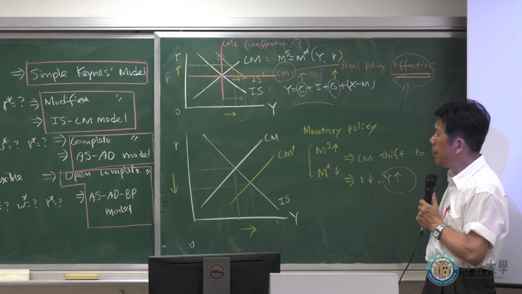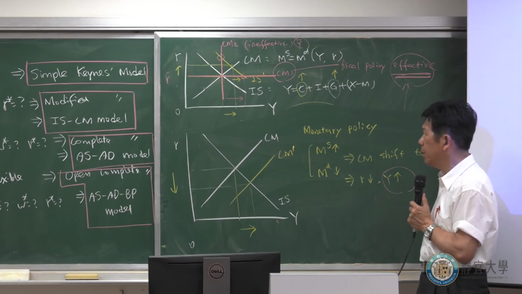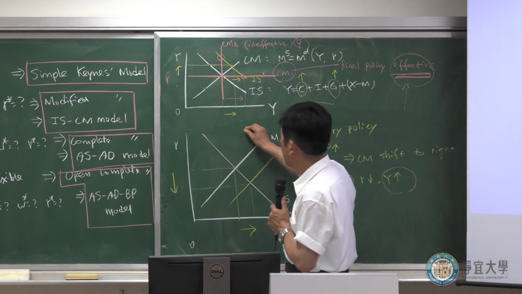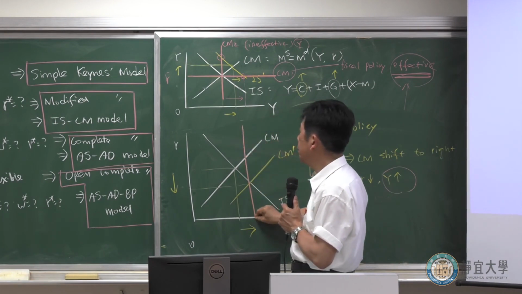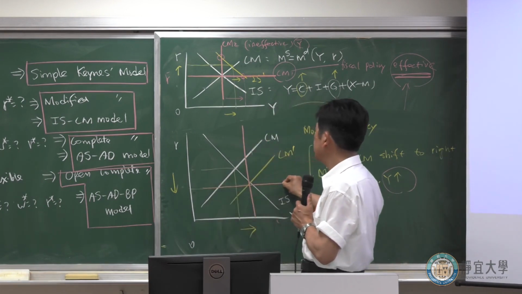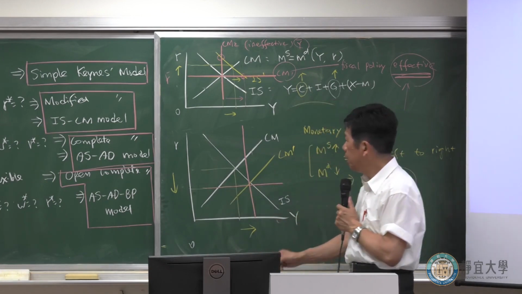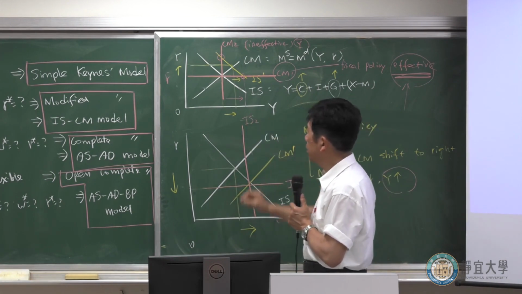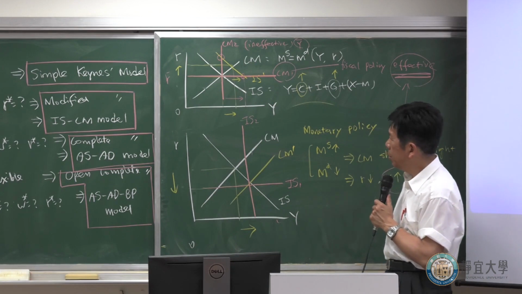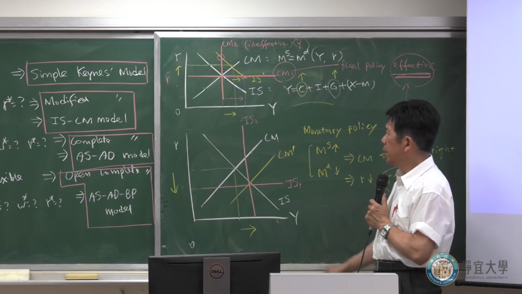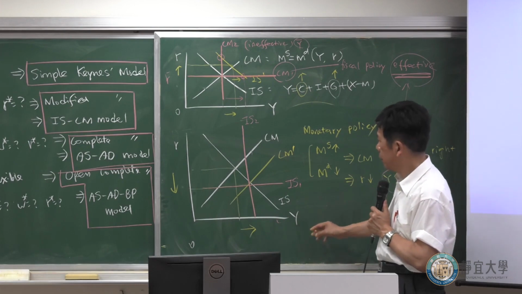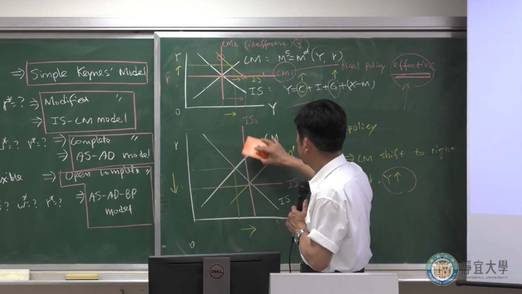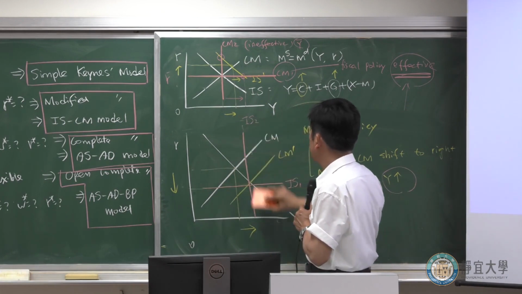But after that, it may also depend on some special situation. For example, maybe IS looks like this curve. So maybe we can write down this is IS1 and this is IS2.